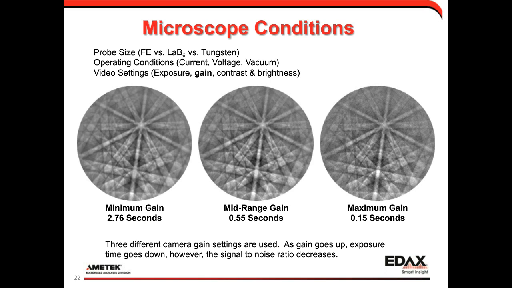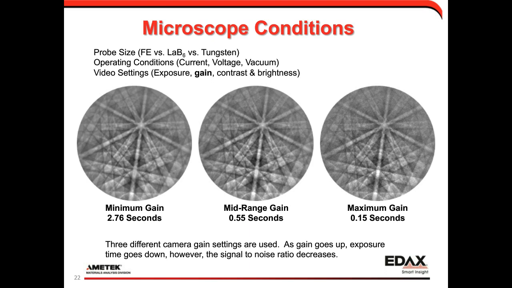I have my gain, how much noise I'm adding to it. Then I have some of these scope conditions, like my current. These are all things that are now playing into pushing that speed quicker and quicker. At this point, I'm set up to see how these things are interacting, and that interaction is really the key to this.